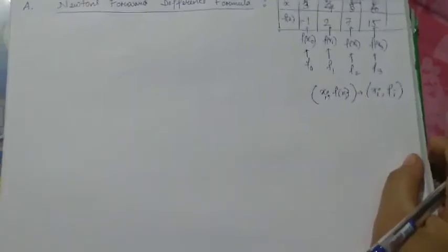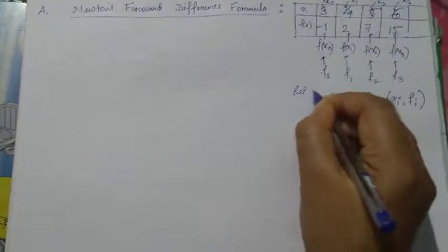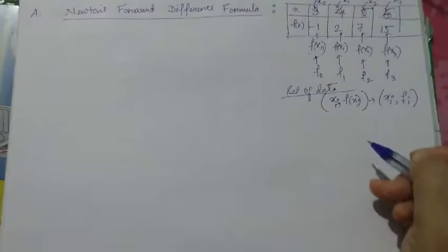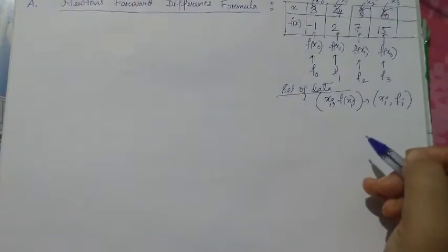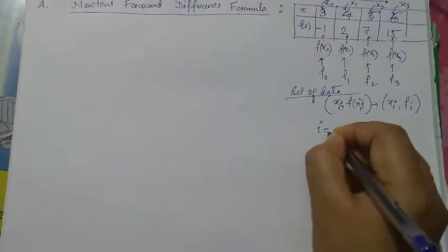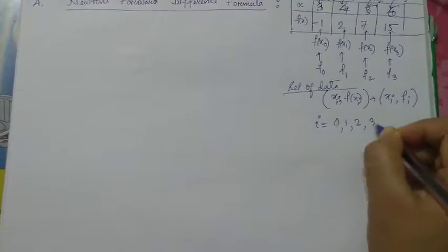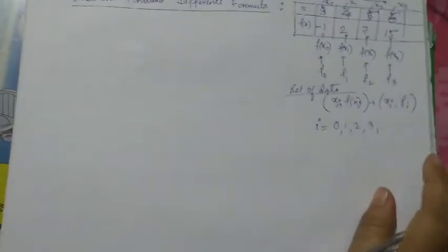Am I correct? So this is the set of data. How big the data is depends upon the value of i, and i goes from 0, 1, 2, 3, and may go up to any number.